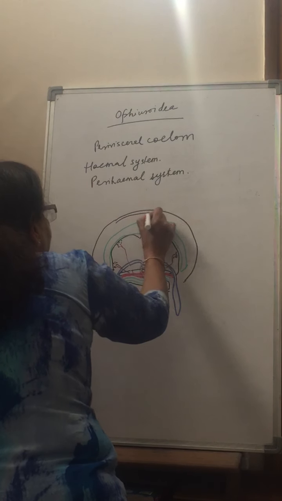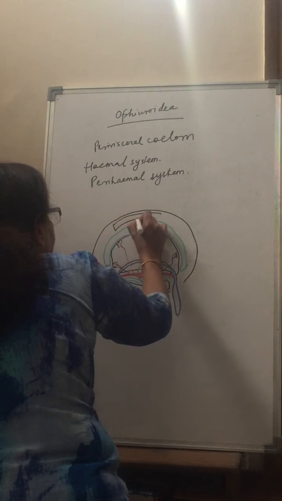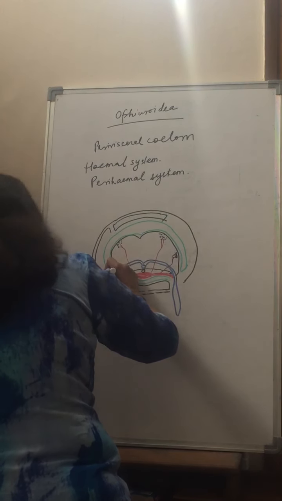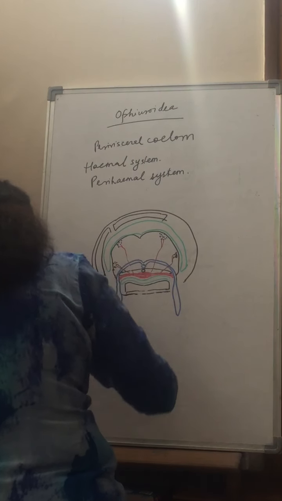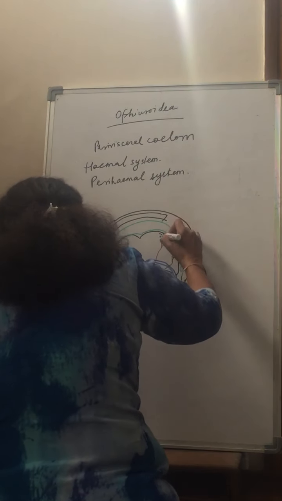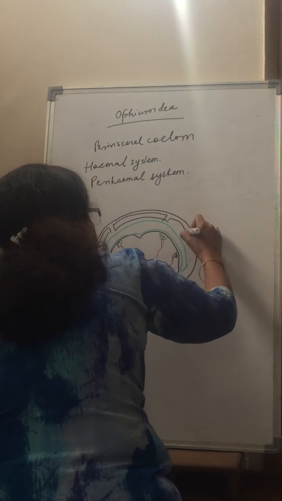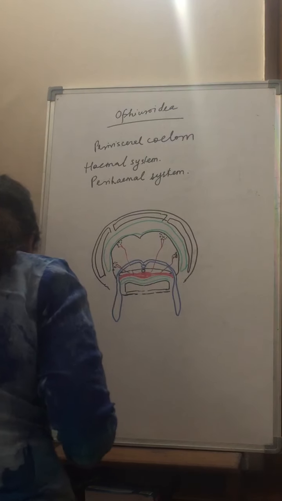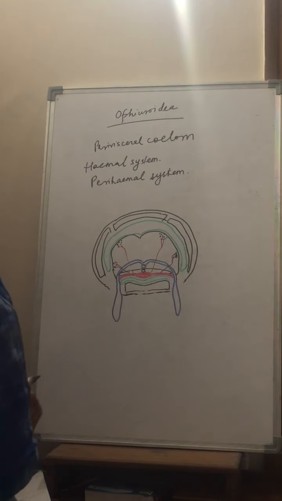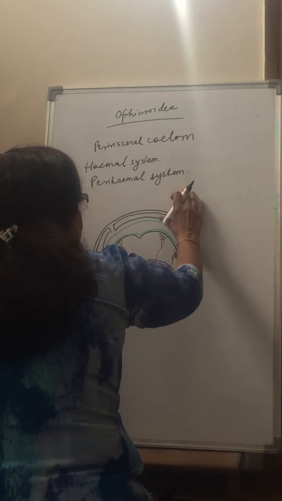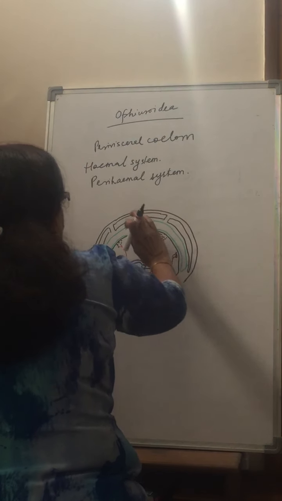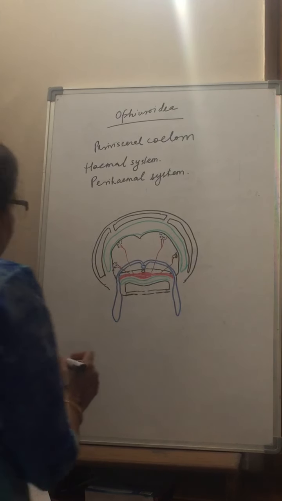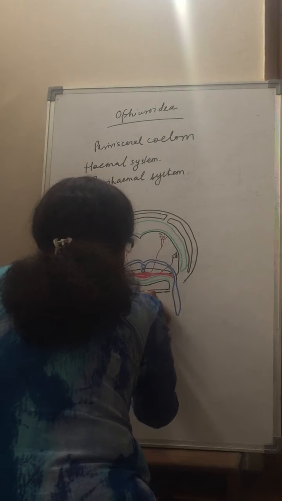This is an ossicle, and this is again an ossicle, and on this side again an ossicle is there. This is the shield, as we call it, or the ossicle.